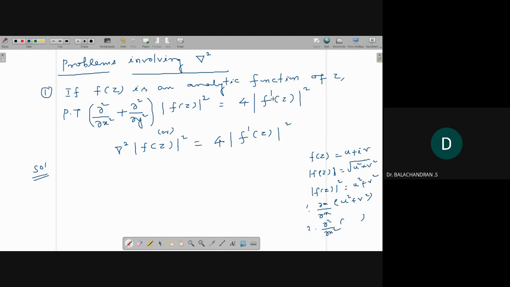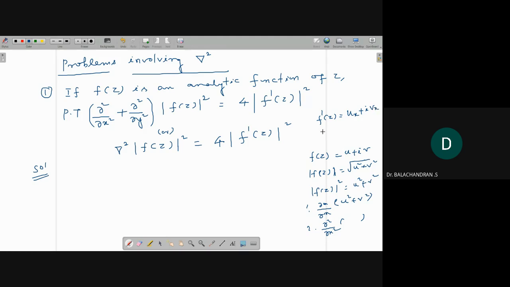And then you should know what is modulus of f dash of z. So what is f dash of z? From the derivation of CR equation, equation number 1, you can check, it is ux plus i vx.